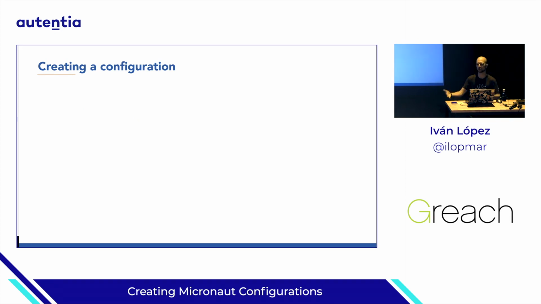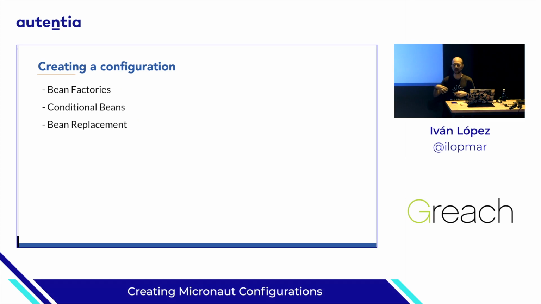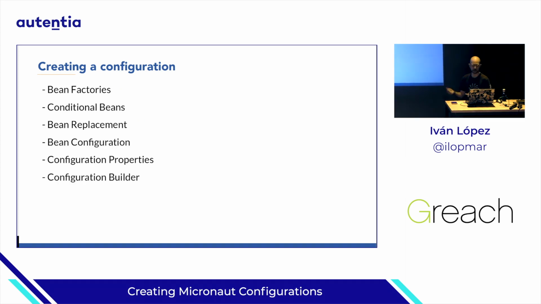You can create bean factories to create these Micronaut beans. You have conditional beans. You can replace beans, which is useful if you want to, for example, replace one bean that Micronaut provides to implement your own logic. You have bean configuration, configuration properties, configuration builder, each property, each bean, and a lot more options.